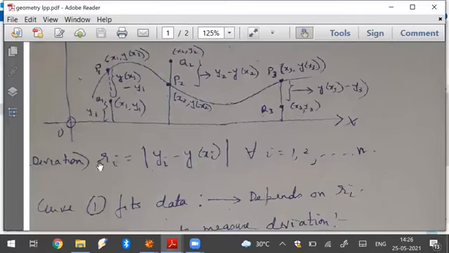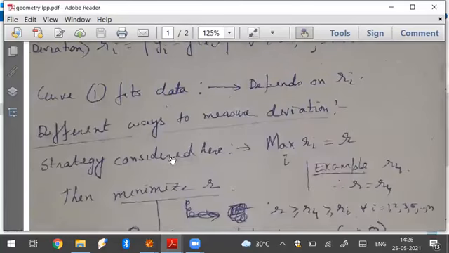So we measure the deviation at each point, and then take the maximum of all those deviations, the maximum over i. I consider this a new variable, small r.